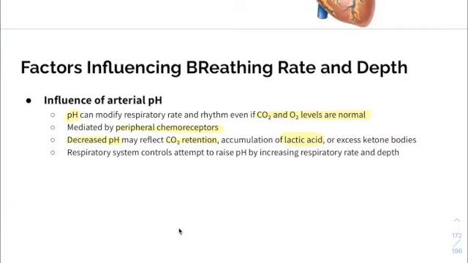So as we get more and more lactic acid into our bloodstream when we're exercising, that causes a drop in our pH. We can also have excessive ketone bodies. Somebody who burns fat for energy, they're going to have ketone bodies in their blood.